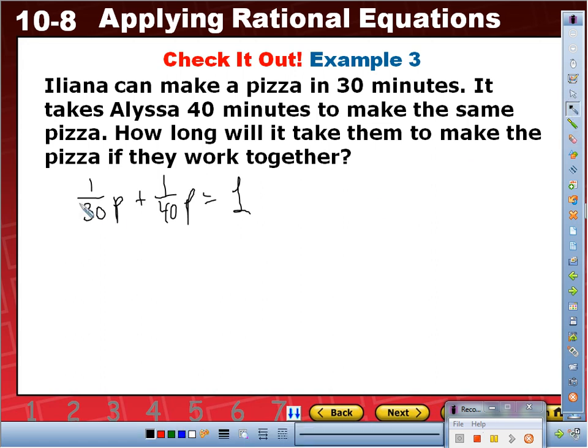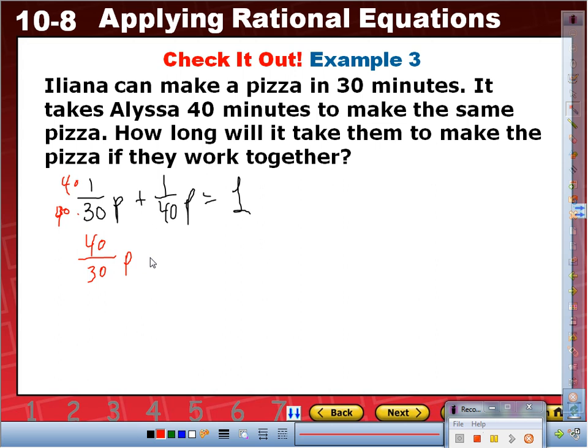So therefore, we multiply times 40, and this one times 30. The common denominator is 120, isn't it? Yeah.